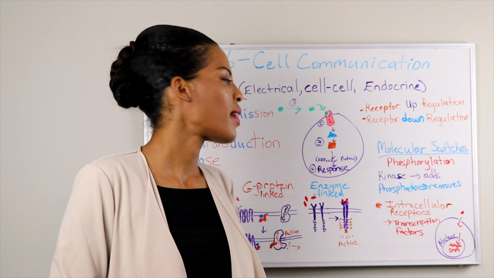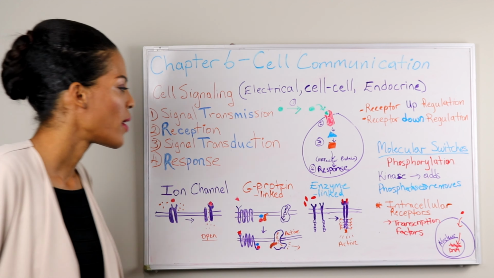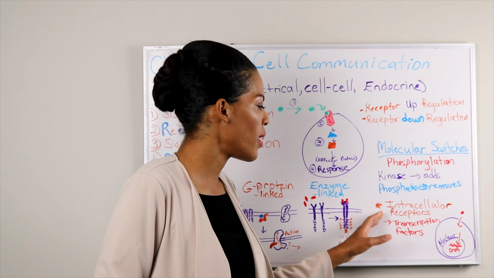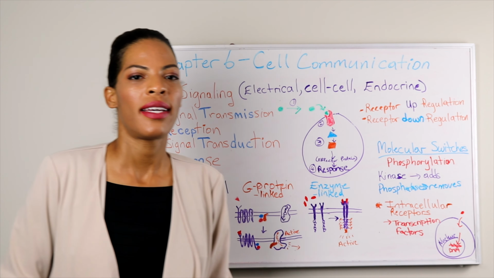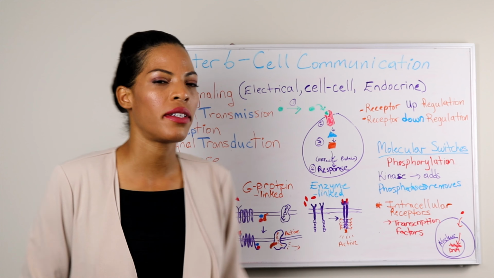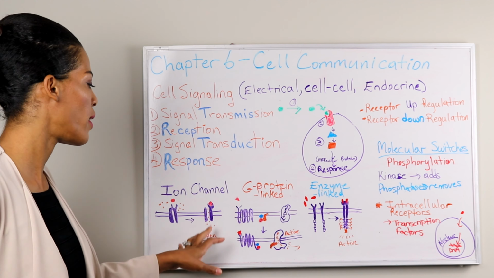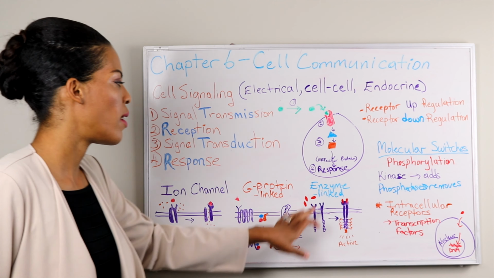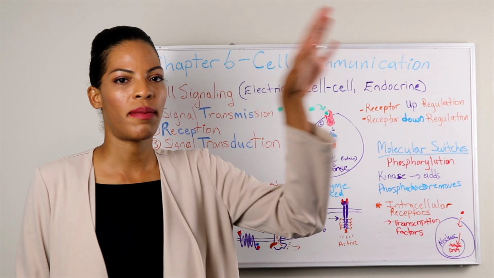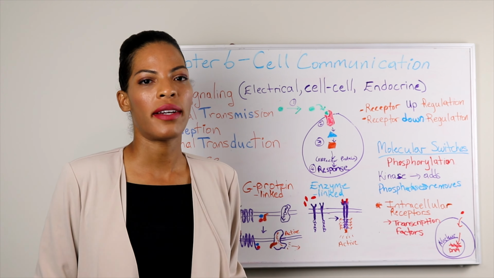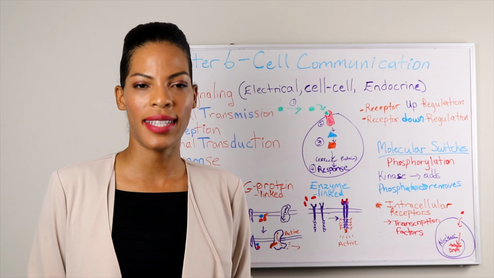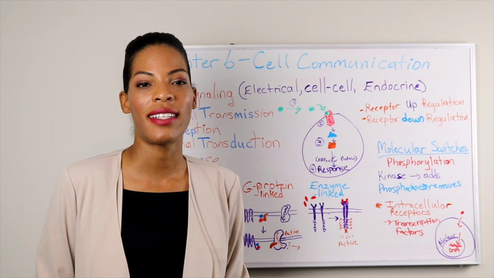Okay. All right. And so one thing I didn't mention so far is that some of the receptors can actually be inside the cell. So for the most part, what we're talking about here are receptors on the cell membrane, on the plasma membrane. But there are also receptors inside of your cell.